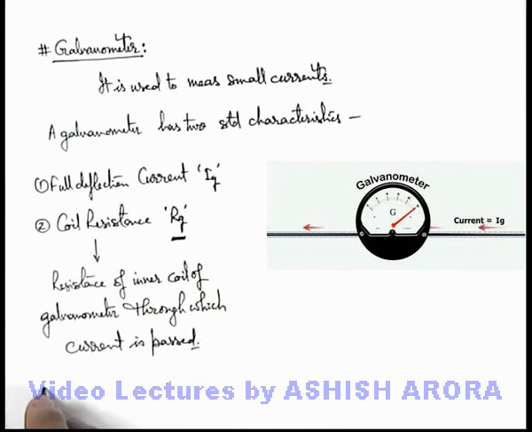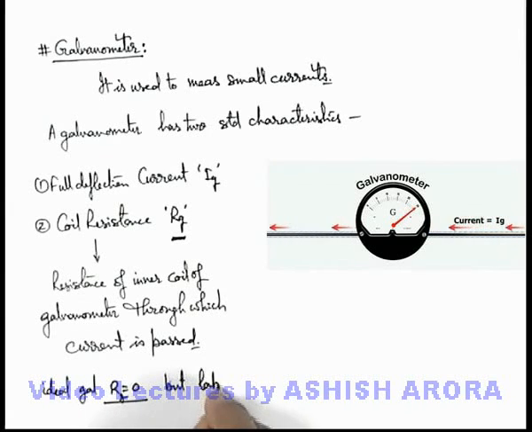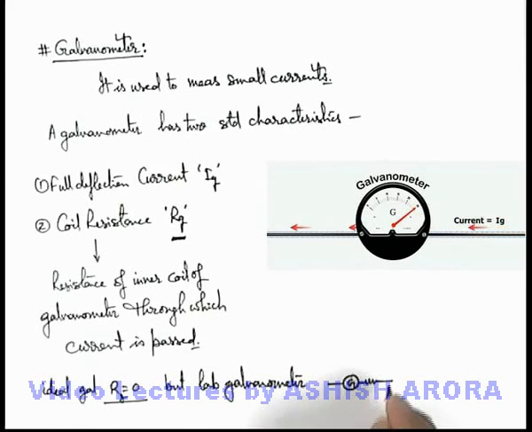We can write that an ideal galvanometer should have a zero coil resistance, but if we talk about lab galvanometers, they are represented as galvanometer with the coil resistance Rg in series combination.